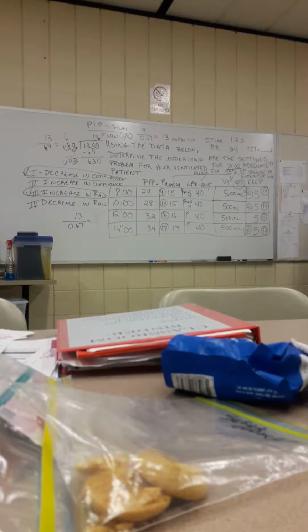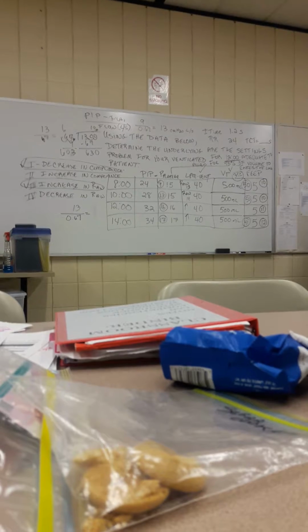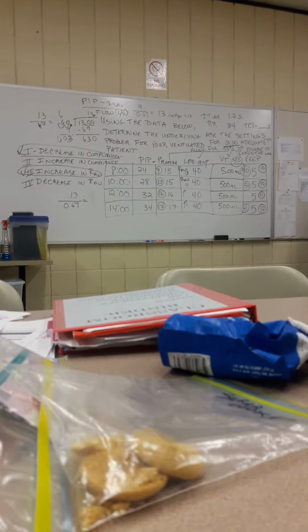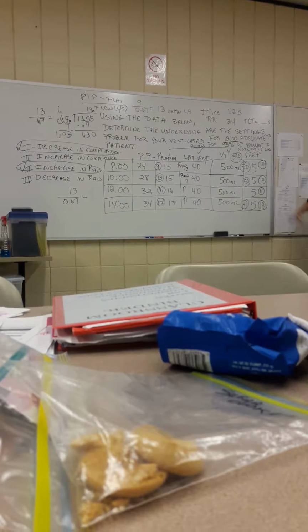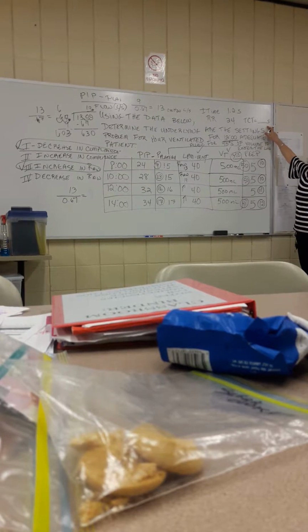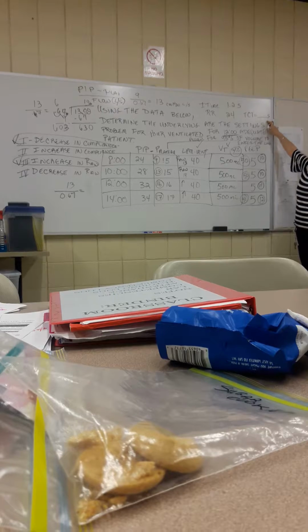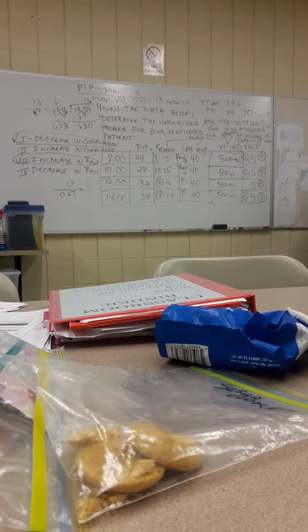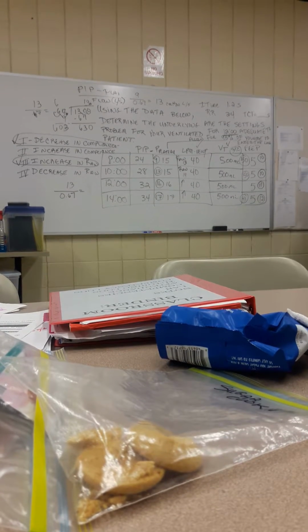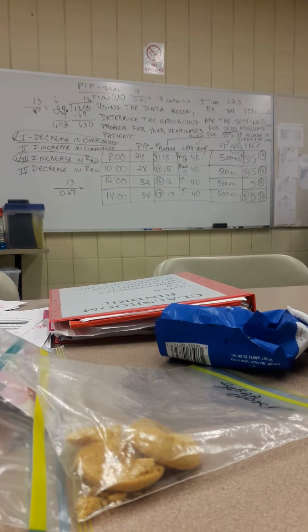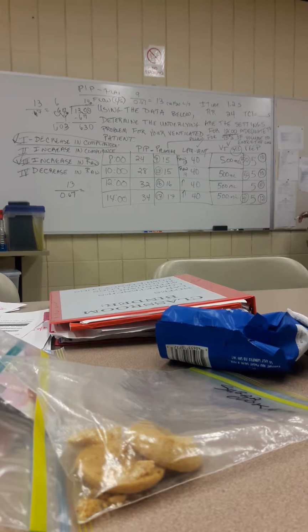Because I'm not asking you a percentage, but what do I have to know first? I have to know what my total cycle time is, right? So let's see. My total cycle time is how many seconds in a minute? No, 60. 60 seconds in a minute, right?